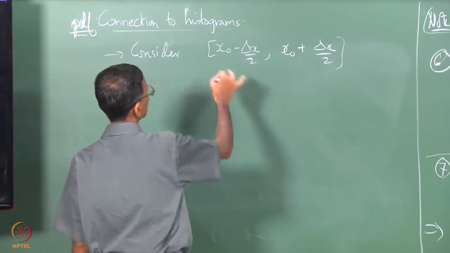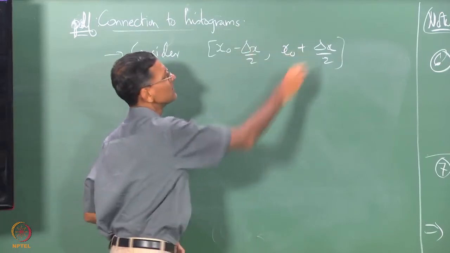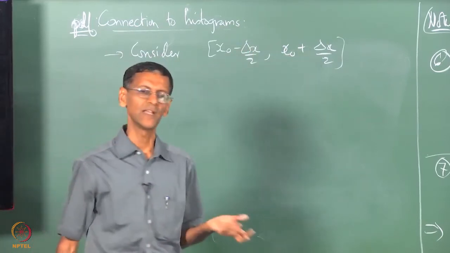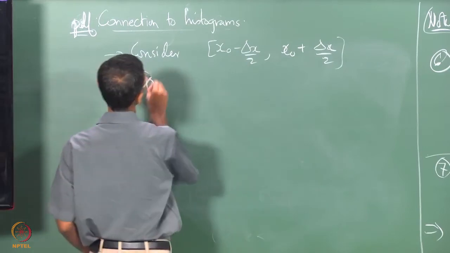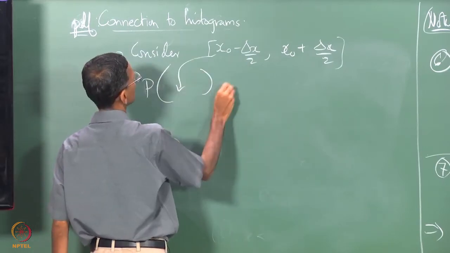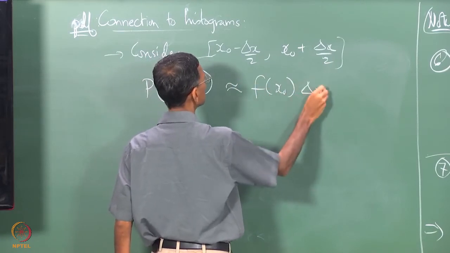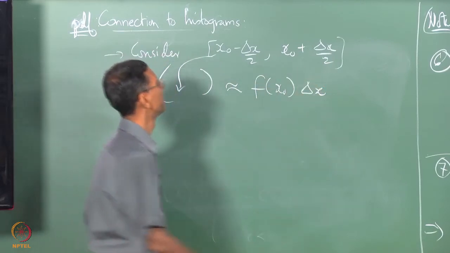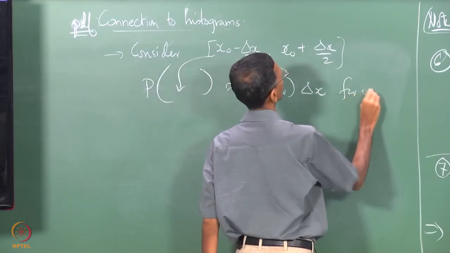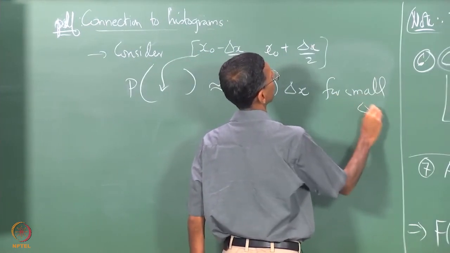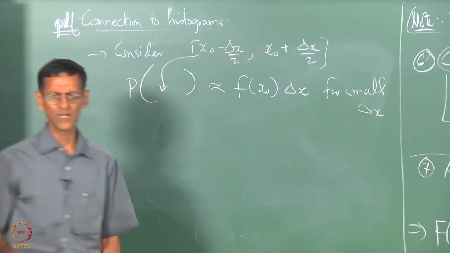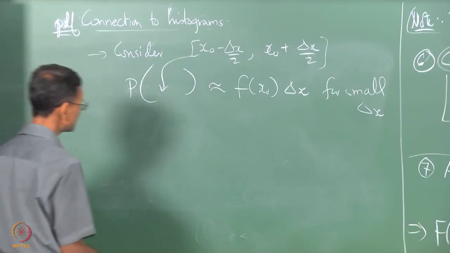So the probability of encountering or getting this interval is, as we said, f of x naught into delta x for small delta x. And assume of course delta x is positive.